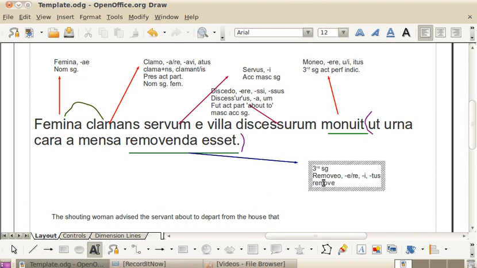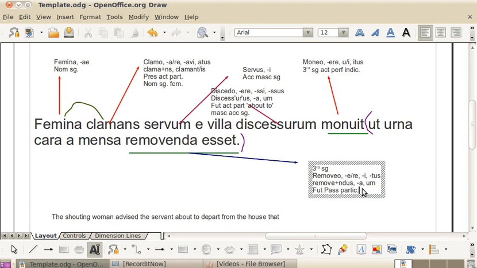And then we have the addition of ndus, removendus, removenda, removendum, which provide our first and second declension adjectival ending. So removenda is a participle declining according to the first and second declension, and it happens to be the form of the future passive participle.